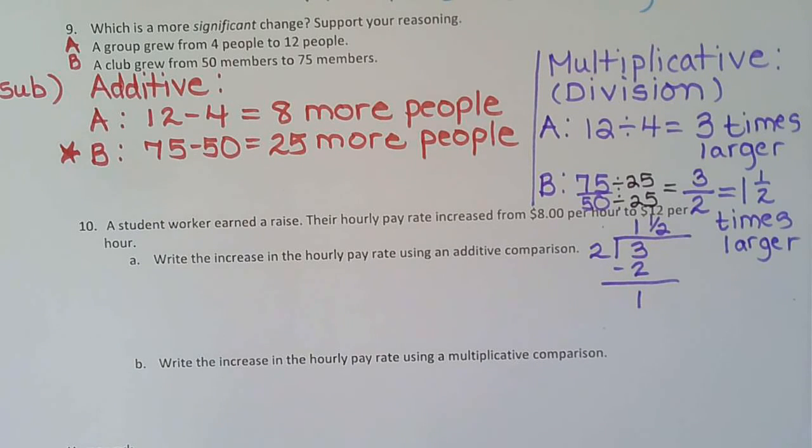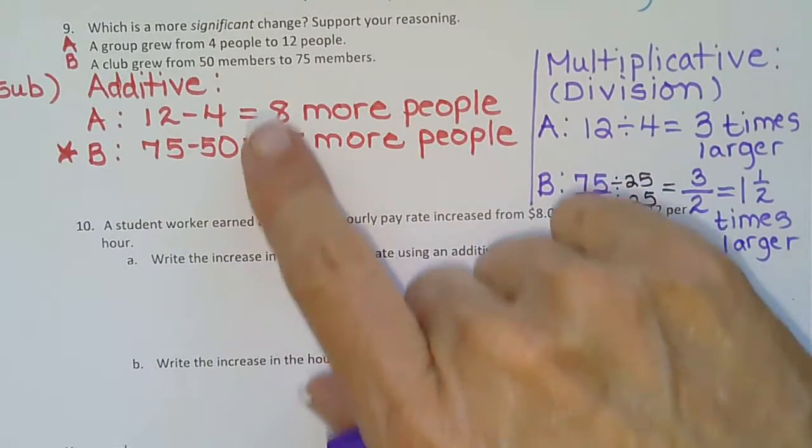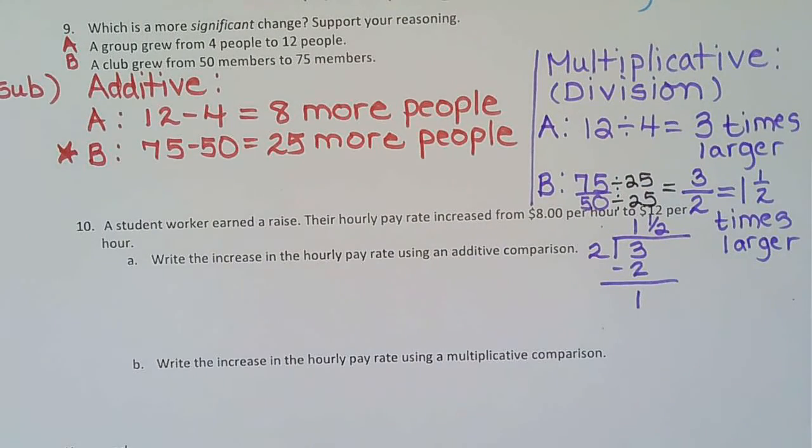Don't you think that $20,000 person who just doubled their pay is having a more significant effect on their life than the $100,000 person who just had a 20% increase? Yeah, so we have to look at where it started. We can't just look at the actual growth. We have to compare it to what it was.